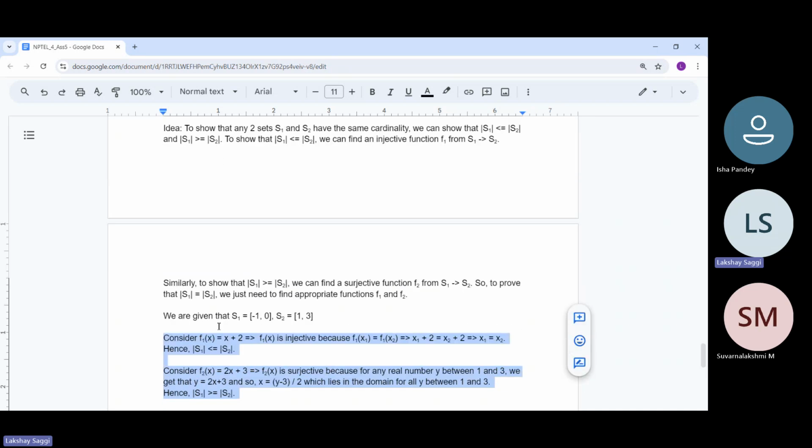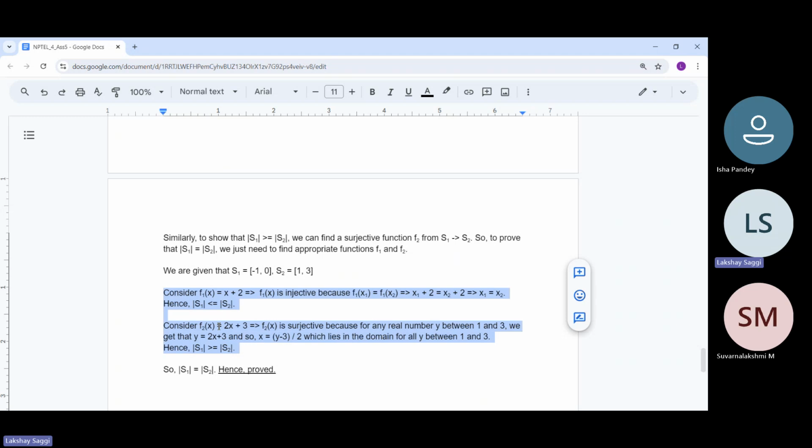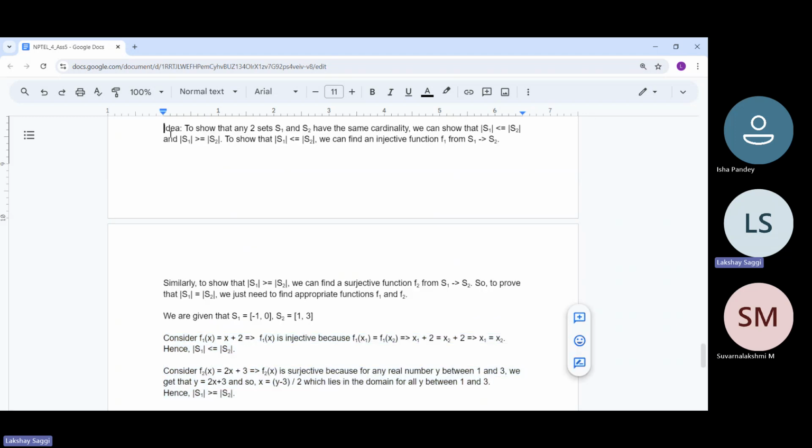You can review this maths later when looking at these notes. But the main thing, this idea, should be clear to you right now. Suvarna Lakshmi is typing something in the chat. Okay, nice. So you understood.